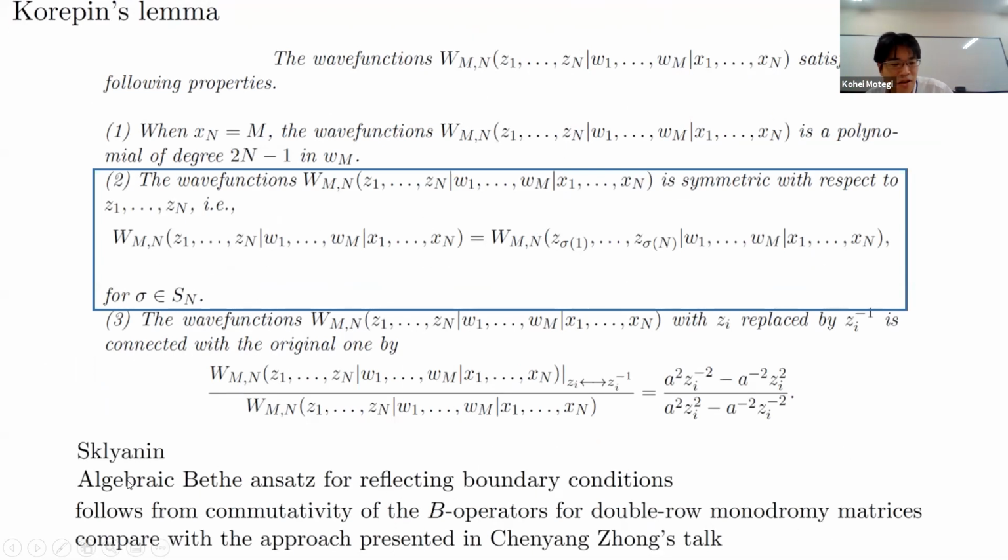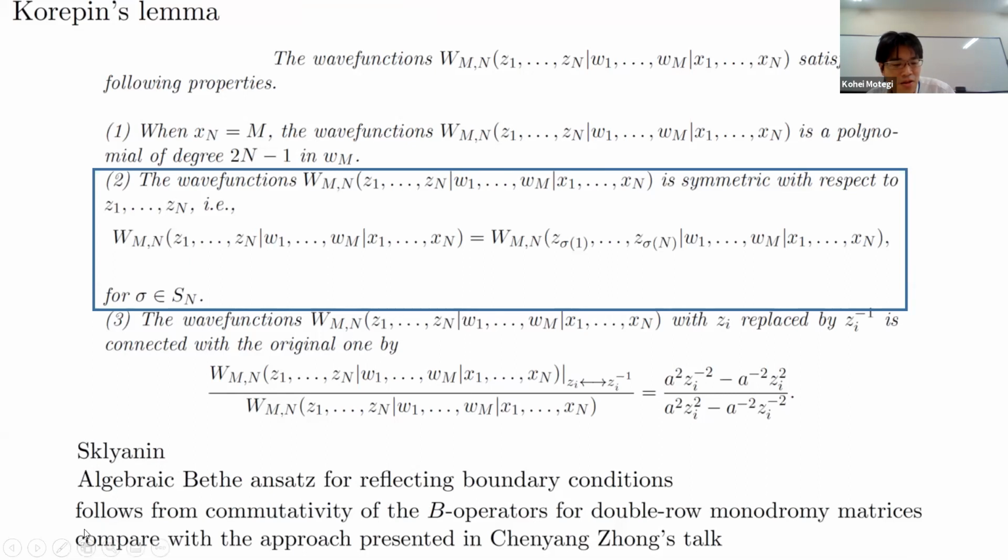And you can see this kind of thing in the paper by Sklyanin, who introduced the reflection equation, and also did the work of the algebraic Bethe ansatz for the one-dimensional quantum spin chains under reflecting boundary.